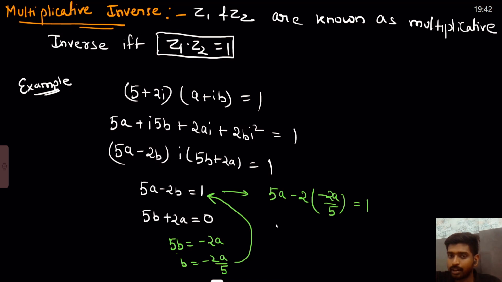From here we will get 5a plus 4a by 5 is equal to 1. Take 5 as LCM. Here we will get 25a plus 4a is equal to 5. From here we will get 25 plus 4 is 29.